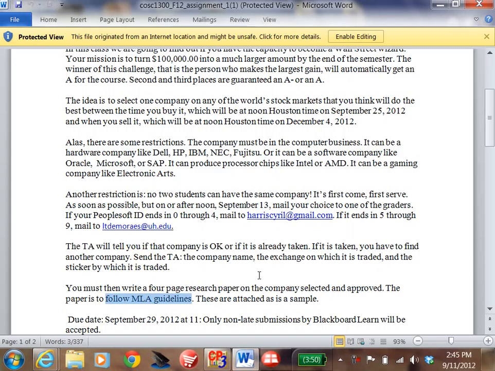MLA stands for Modern Language Association, and it's a guideline that's pretty much used in the humanities. A guideline is attached, okay, and a sample is also attached. The date is September 29th, due at 11:59.